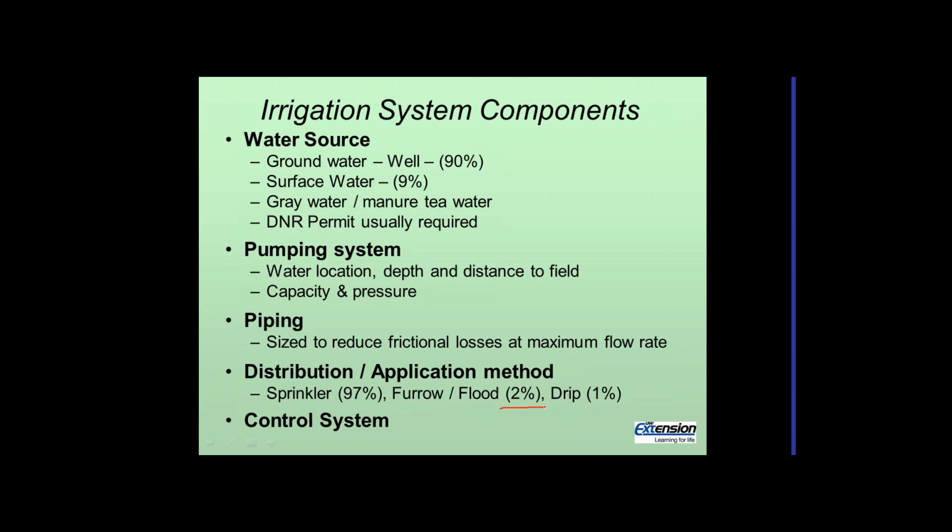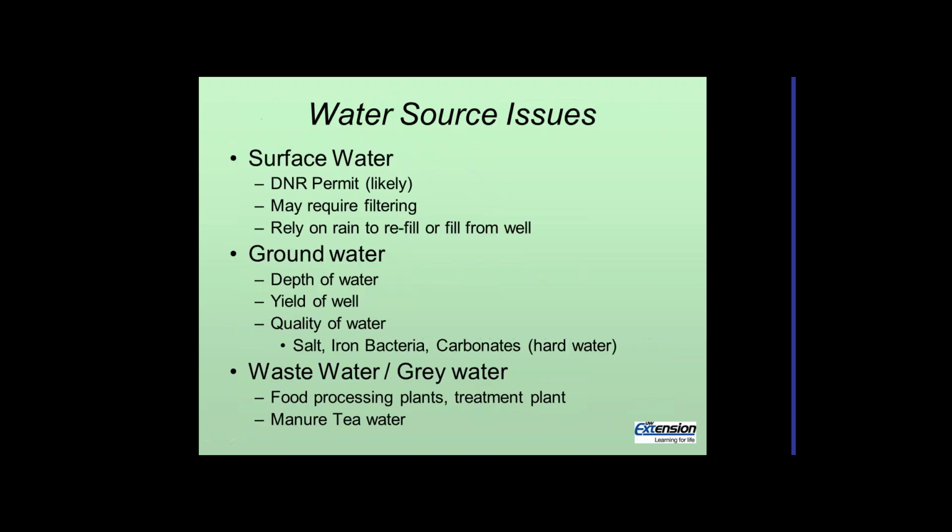We don't have any furrow irrigation in Wisconsin, but we have flood irrigation, which is basically cranberries, and then some drip irrigation, which would be largely small fresh market vegetable growers for the most part, or strawberry growers. And then typically we're going to have a control system to control this, and it could be very simple or more complex, and we'll talk a little more about that.